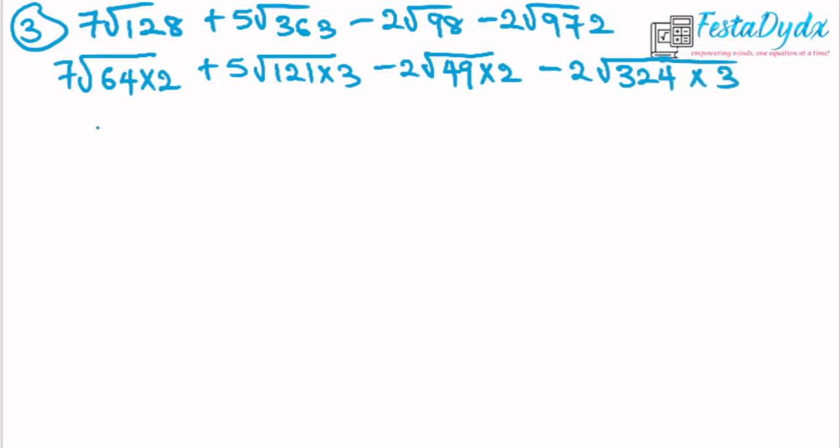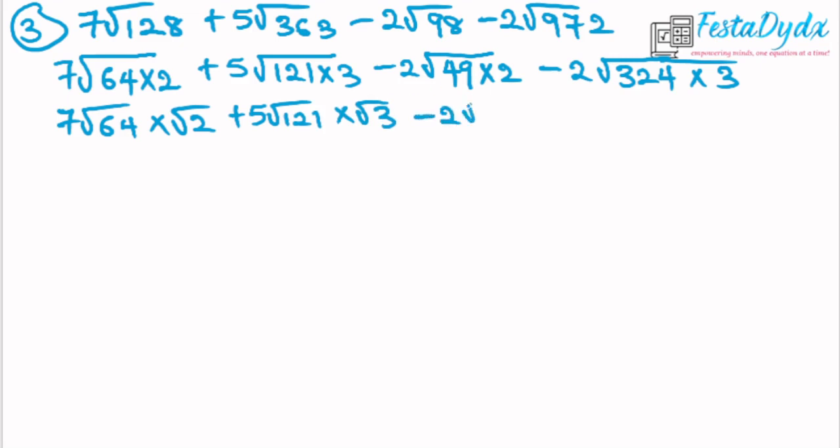Now let's split the surds. 7 root 64 times root 2 plus 5 root 121 times root 3 minus 2 root 49 times root 2 minus 2 root 324 times root 3.